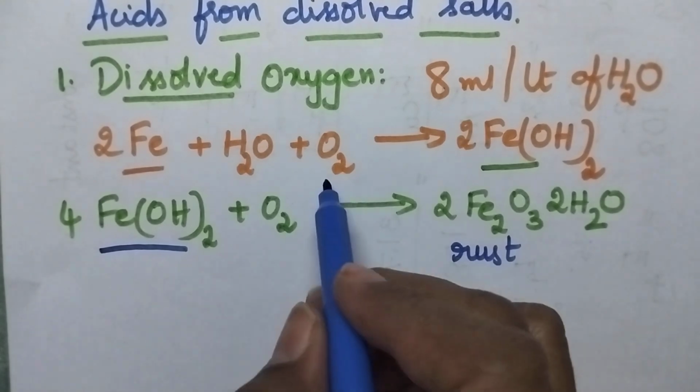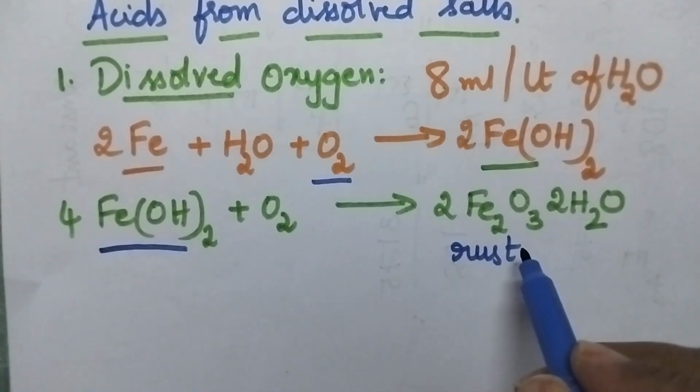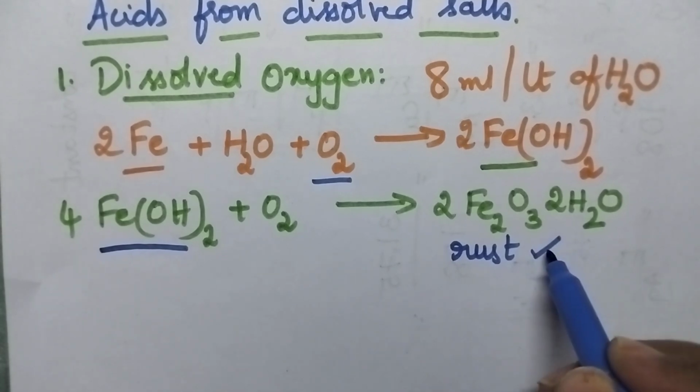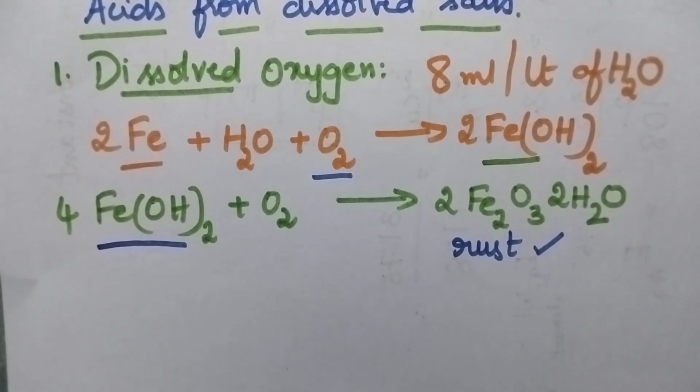In that way, due to the presence of dissolved oxygen, the boiler material undergoes corrosion, and it is called boiler corrosion.